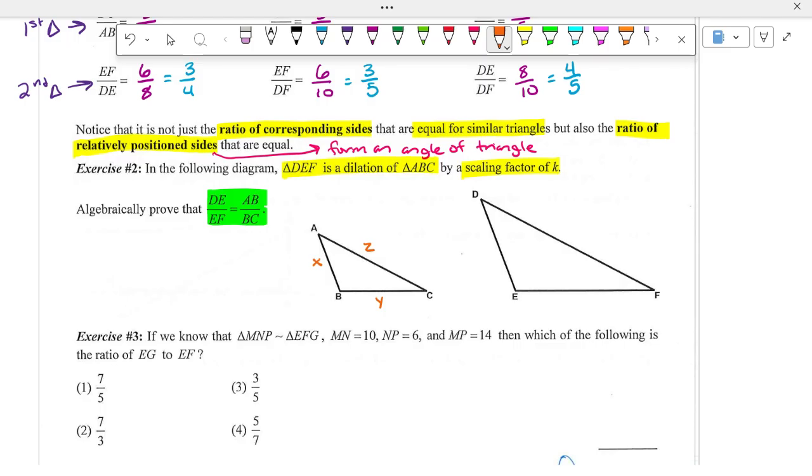Meaning that the scale factor of K, we don't know what that is. DE would be KX, KY, and KZ. Because remember, scale factors we just multiply to the sides, and that's what gives us our new sides. And K is just a constant.